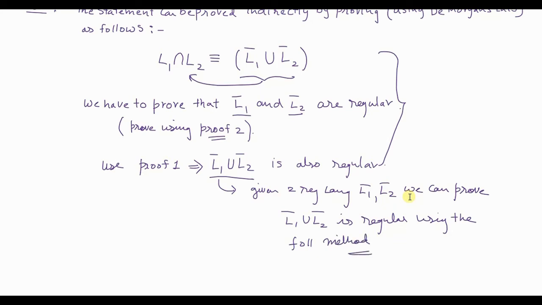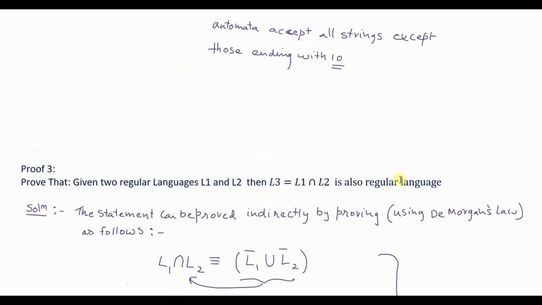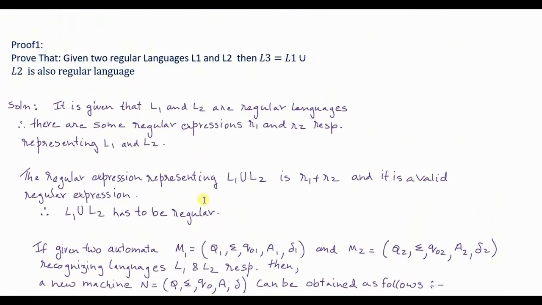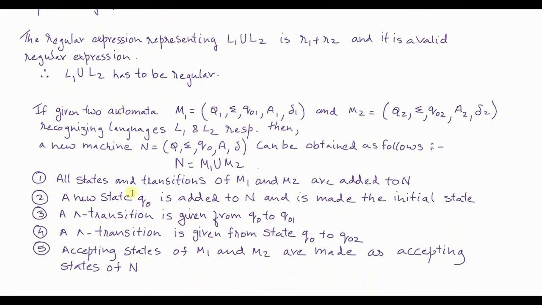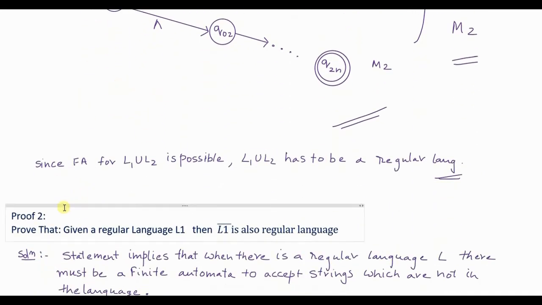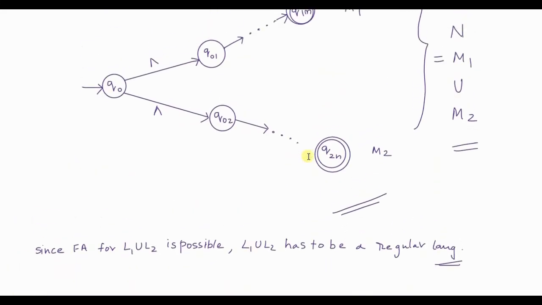You can say it like this, and then what method you are going to use? Method is nothing but proof 1. So you can take the help of proof 1, that is given two languages L1 L2, then L1 union L2 is also regular. You can try to show an automata like this N, which is nothing but union of M1 and M2, and once you do that, since finite automata for L1 bar and L2 bar is possible, we can then say that L1 bar union L2 bar has to be also regular language.